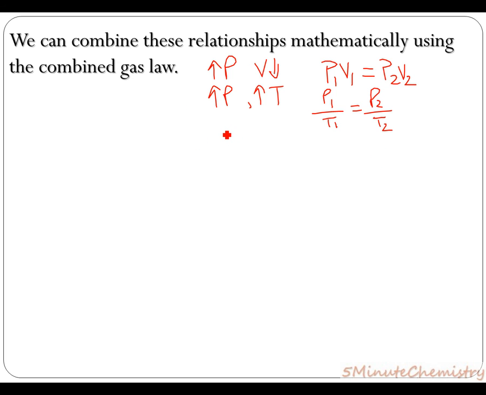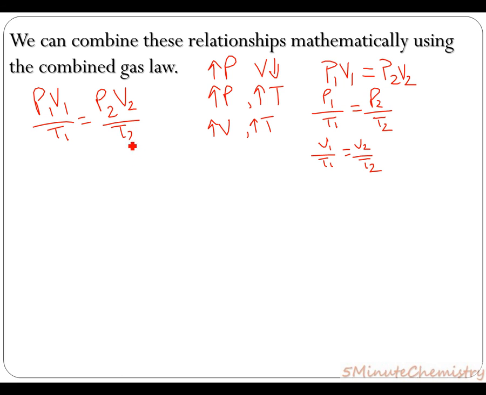Now the third variable again was volume. If I were to increase volume, temperature increases as a result. So that shows that V1 over T1 is V2 over T2. Looking at all of these factors together, we get initial pressure times initial volume divided by initial temperature is equal to my second pressure times second volume divided by second temperature.